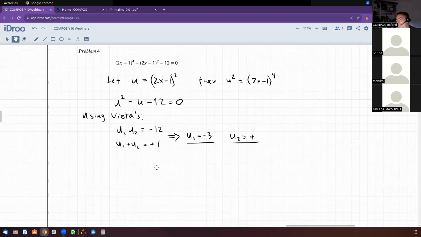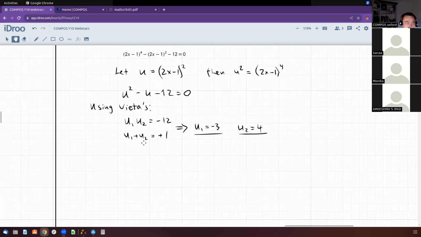You can calculate the discriminant, but then it takes more time than to do Vieta. If the discriminant is a square number, then you can use Vieta. If it is not a square number, you can't. But the point of Vieta is to do it very, very quickly.